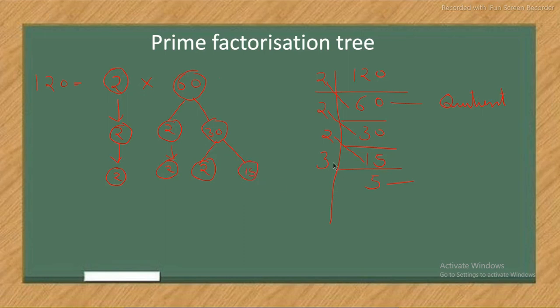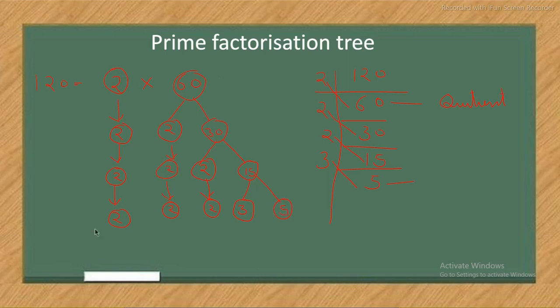Now all of you know that 3 5s are 15. So first I will write all the prime factors as they are, and 3 5s are 15. In this circle 3 and in this circle 5.